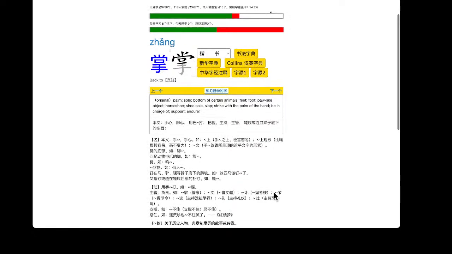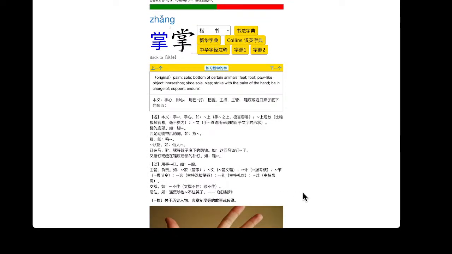For example, 掌家, the butler, who is in charge of household matters. Sometimes they call it 掌家. Another word for that is 管家.